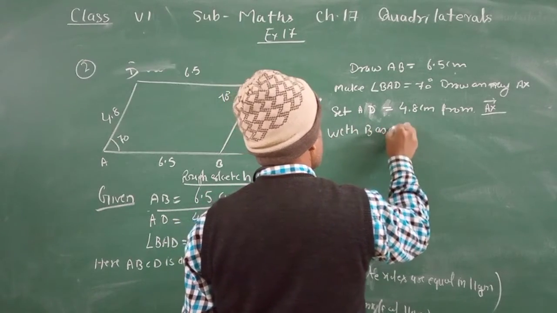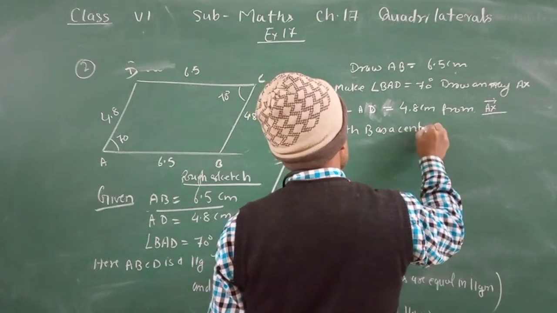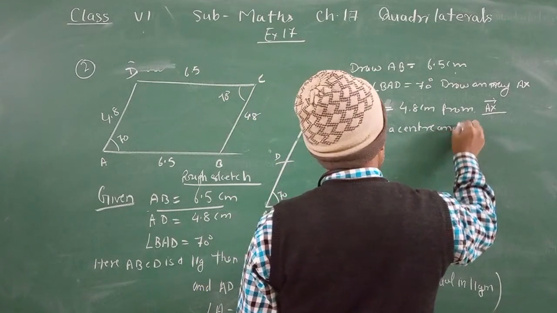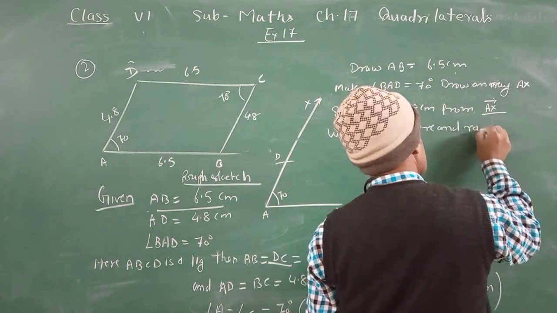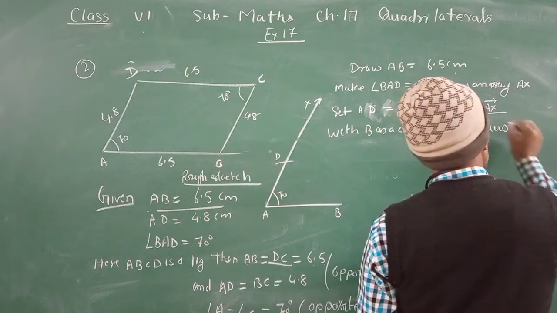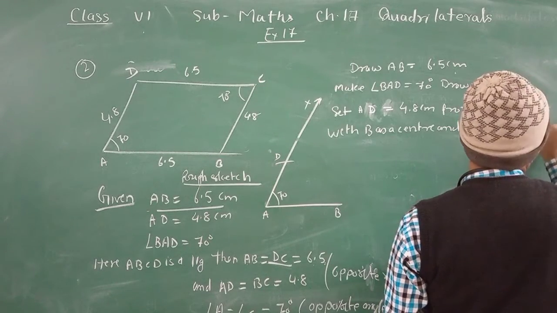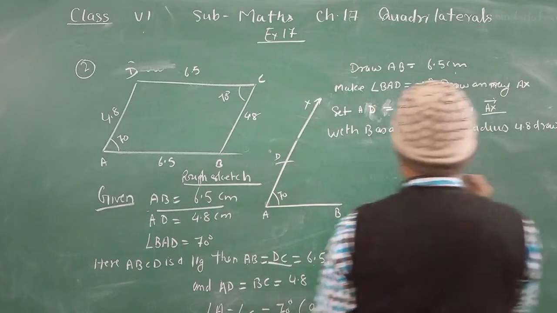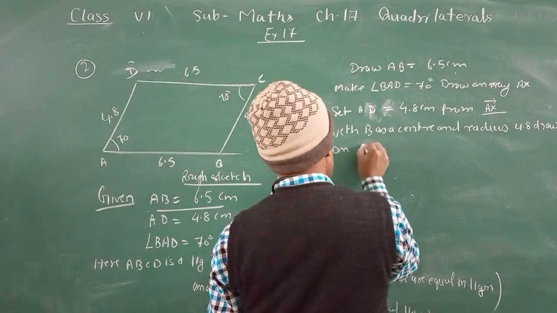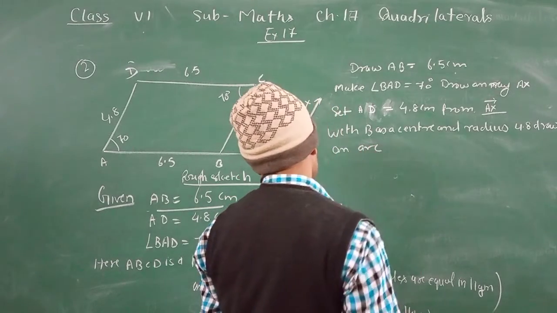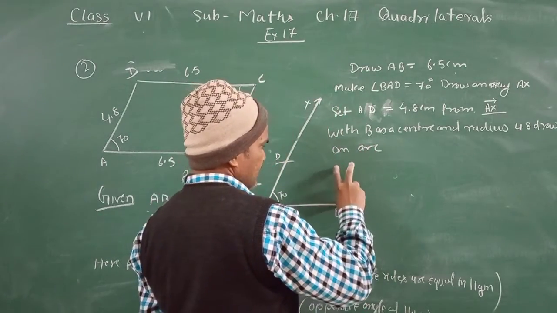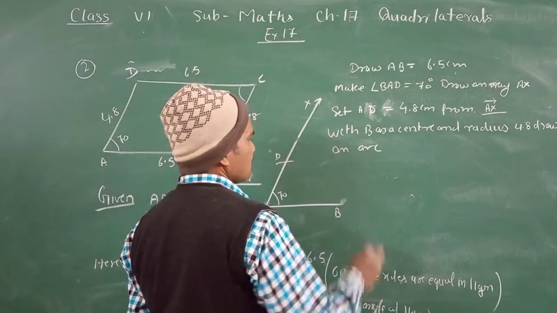Now, with B as a center and radius 4.8, draw an arc.